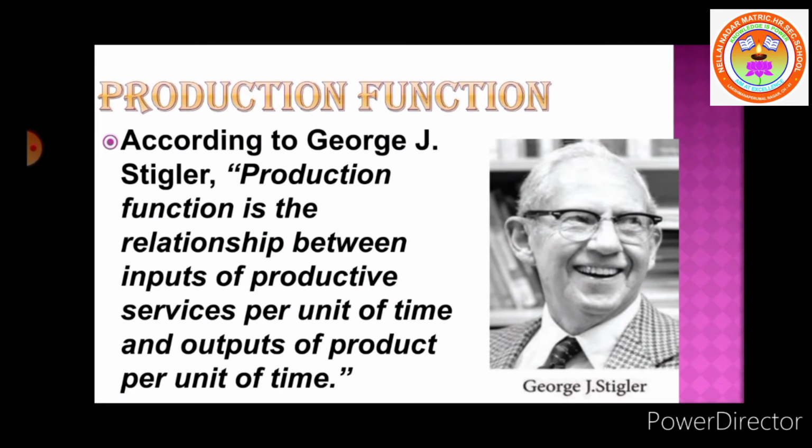Production function refers to the relationship among units of the factors of production, that is input, and the quantity of a good produced. According to George J. Stigler, production function is the relationship between inputs of productive services per unit of time.